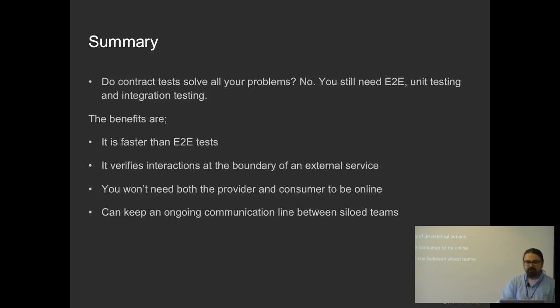It verifies interactions at the boundary of the external service. You won't need both the provider and the consumer to be online, so you can have a quick integration pipeline where one portion does a contract test, and you have faster feedback. That way maybe you can hook this up to pull requests, which might actually take less time.